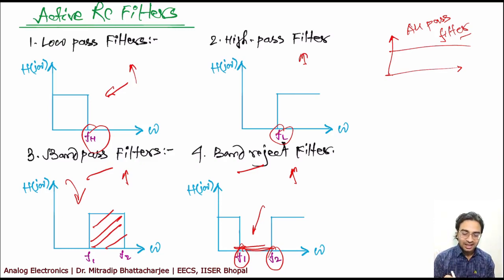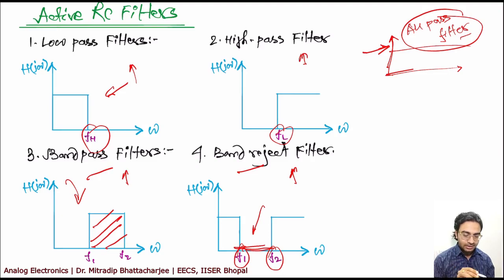This filter is actually related to the phase. It helps in changing phase. It works in the phase domain. It allows all the frequencies, but there are some applications which specifically require a change in phase. In that case we use an all pass filter.